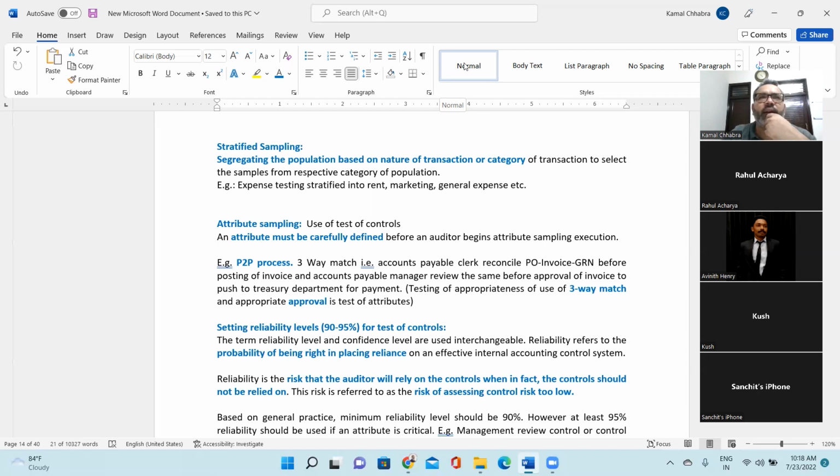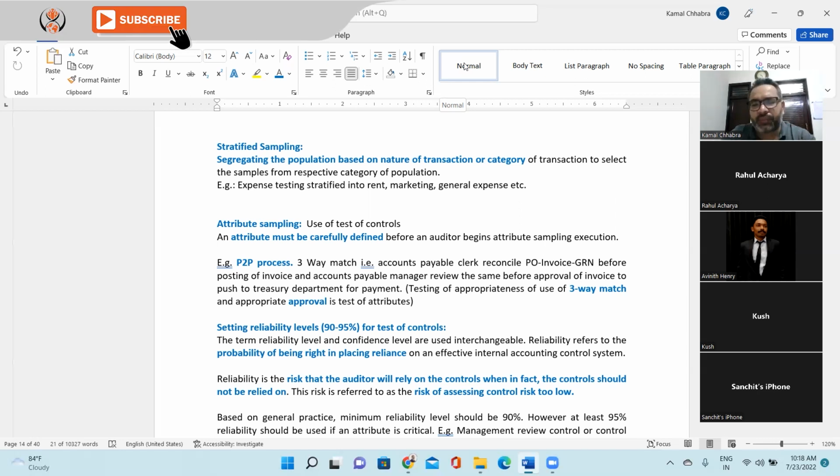Same way, for example, for any payment, the treasury manager would be authorized to approve any payment up to $5,000, right? Or if any payment of more than $20,000 is to be processed, it requires finance controller approval. So these are actually attributes.